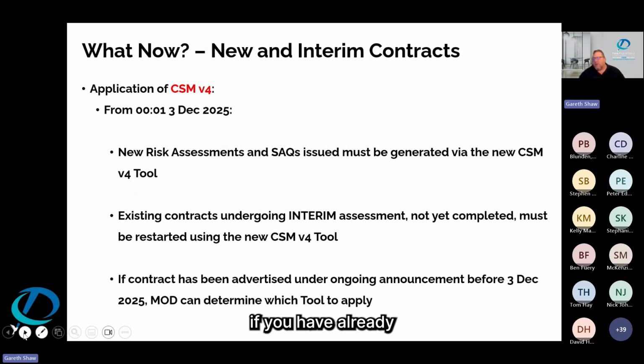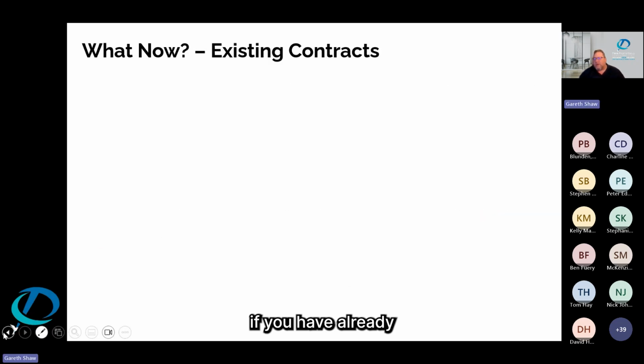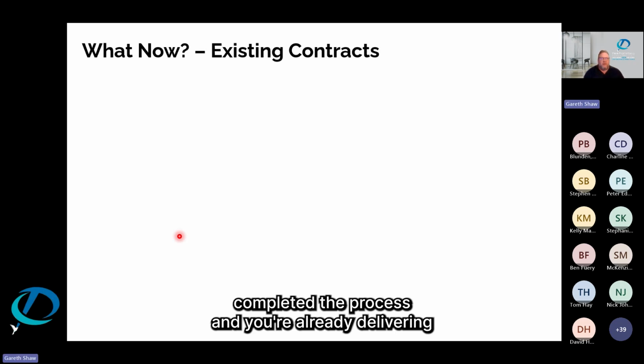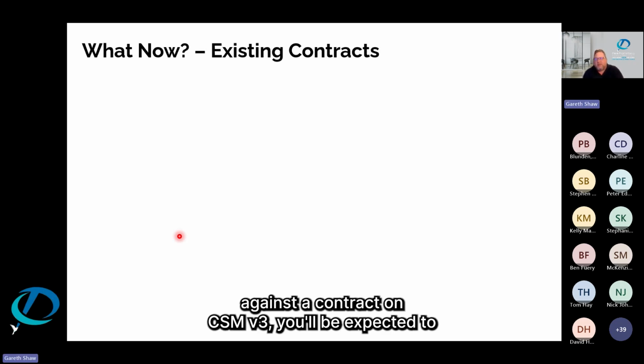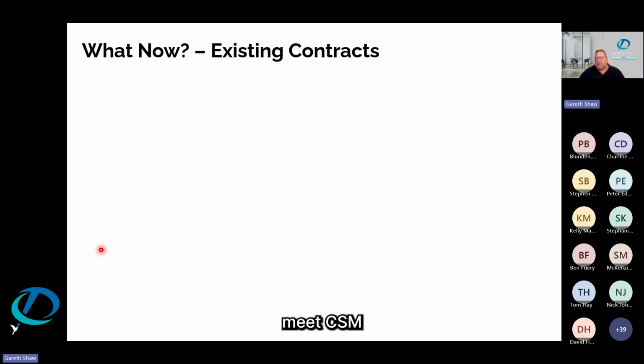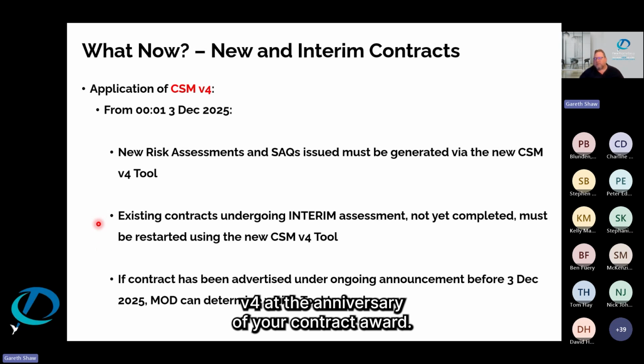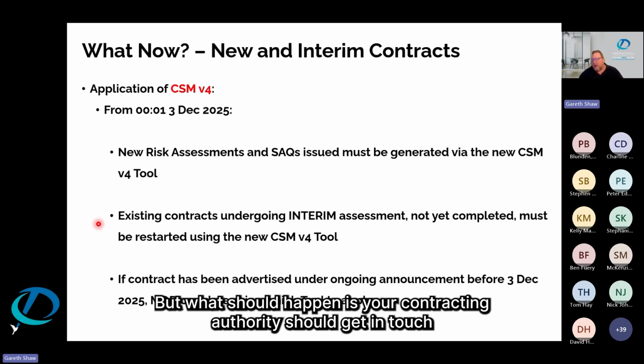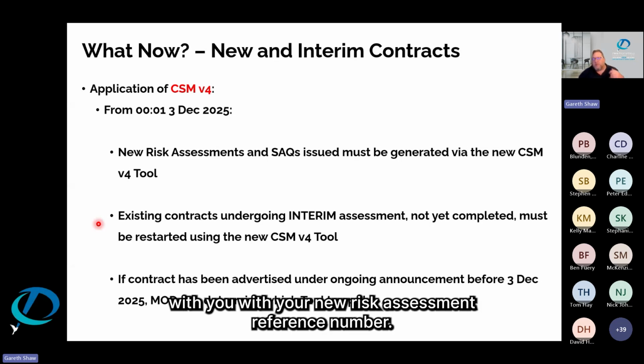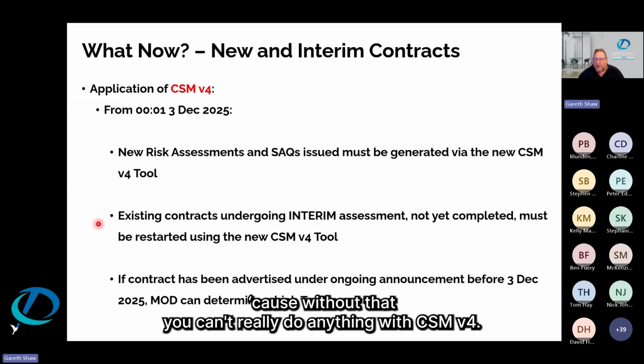If you have already completed the process and you're already delivering against a contract on CSM version 3, you will be expected to meet CSM version 4 at the anniversary of your contract award. But what should happen is your contracting authority should get in touch with you with your new risk assessment reference number, because without that, you can't really do anything with CSM version 4.